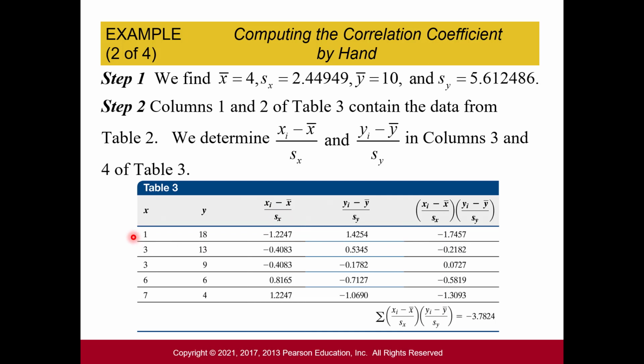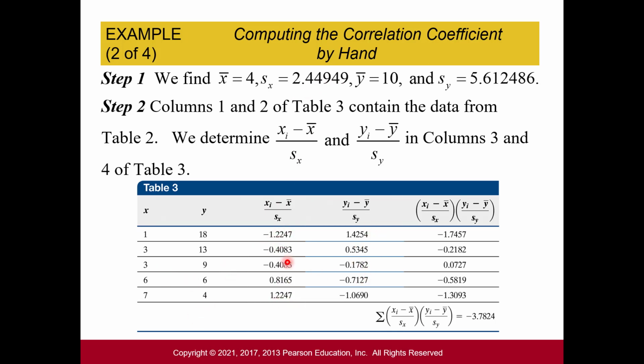For each of our data points, we take that x number minus the mean, divided by the standard deviation. That's why for the first one, we would have 1 minus 4, because that's x bar, over 2.44949. And we would do that for each of them, for x.